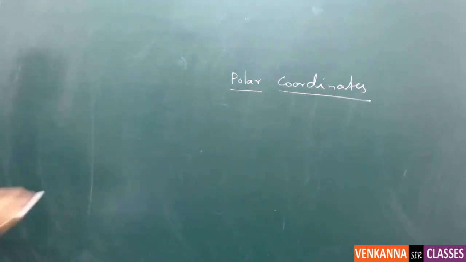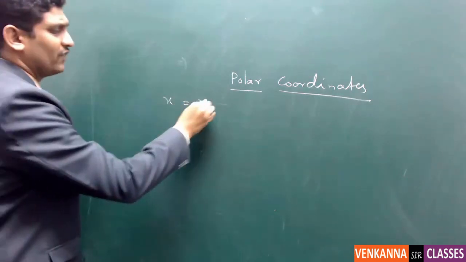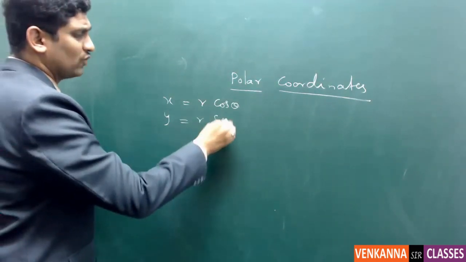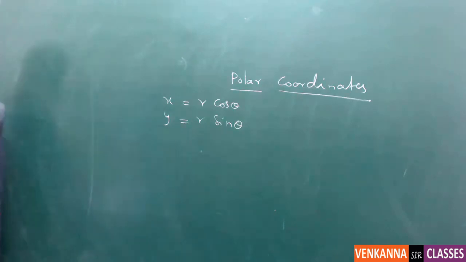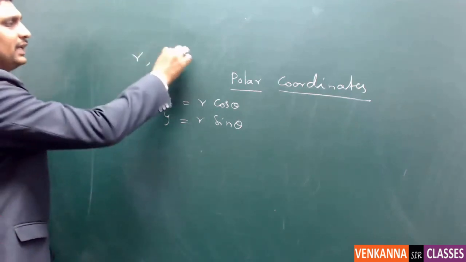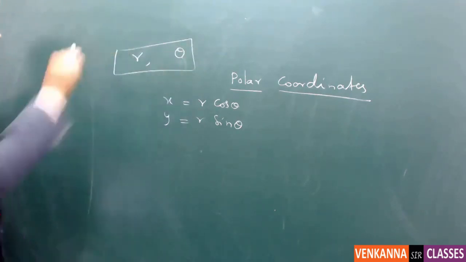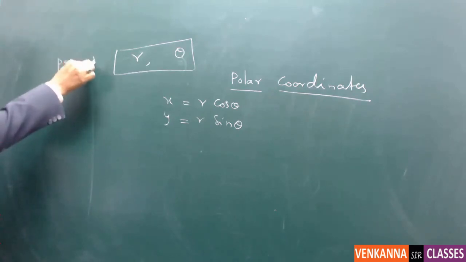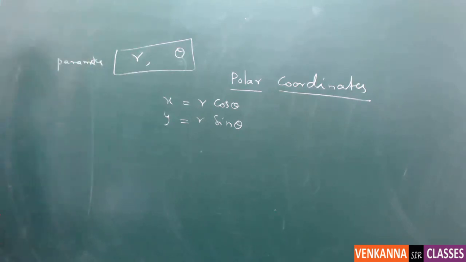As we know, we represent x and y as x equals r cos theta, y equals r sin theta. So whenever the equation is given in terms of r and theta, having a parameter, we say that the given family is given under the polar coordinates model.